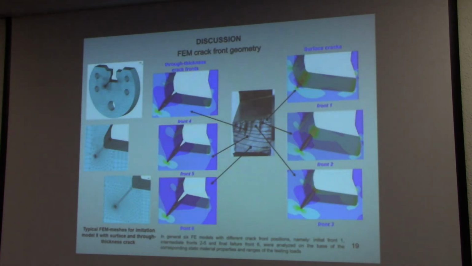As I mentioned above, for correct use of the crack growth rate model, we need to determine the fracture resistance parameters along experimental crack fronts. To this aim, in general, 6 finite element models with different crack front positions were analyzed on the basis of the corresponding static and material properties and range of the testing loads.